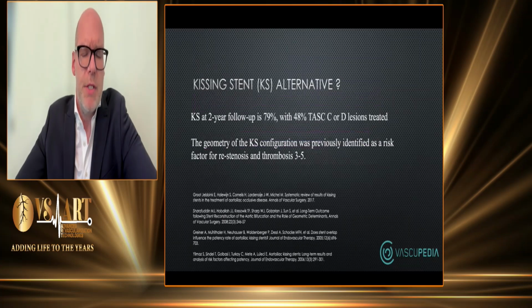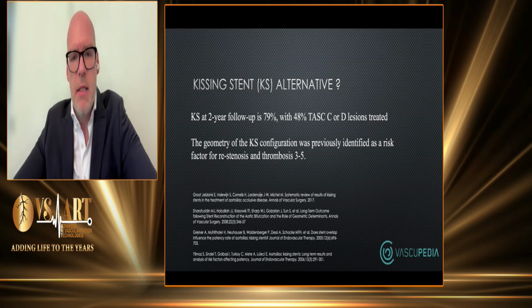The position of these stents is very important, and we see when we treat in the bifurcation, the kissing stent system, but it is very important to go for this configuration, and you see when we use a kissing stent, there is a high risk for restenosis and thrombosis.